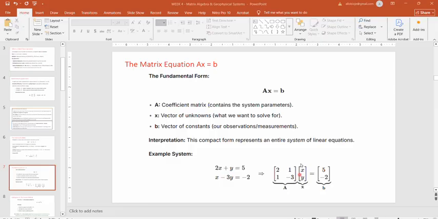Then here we have x and y, the unknowns we are looking for, equals the values on the right-hand side, the answers, 5 and 2. So this is A, the matrix itself, multiplied by the vector of unknowns, equals B. This is how to transform an equation to matrix form.